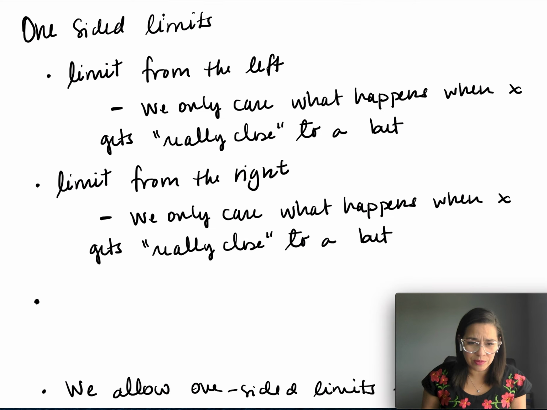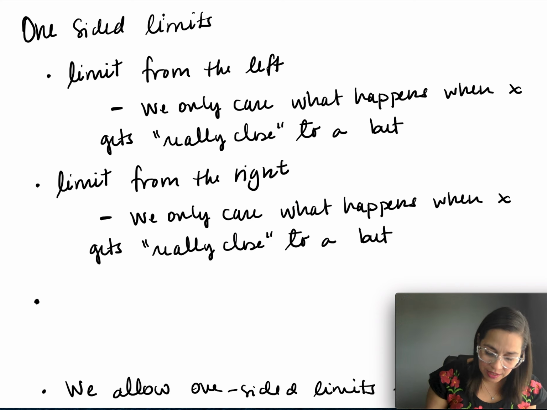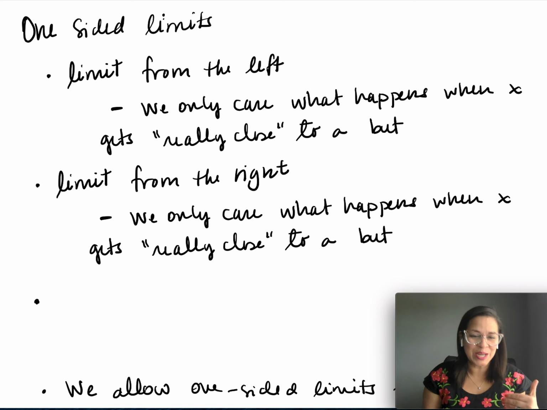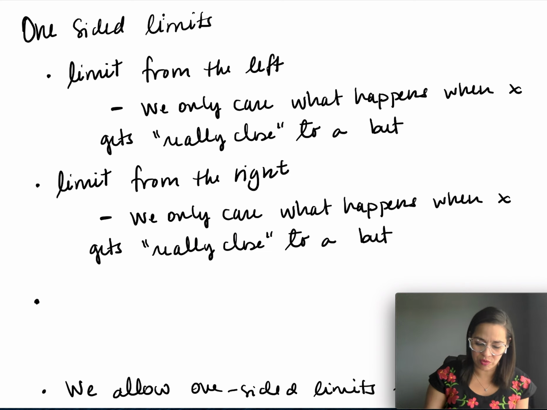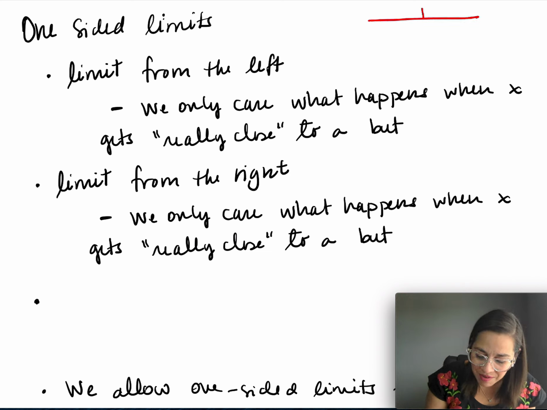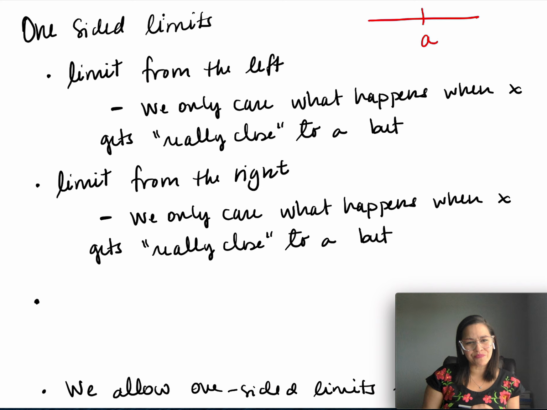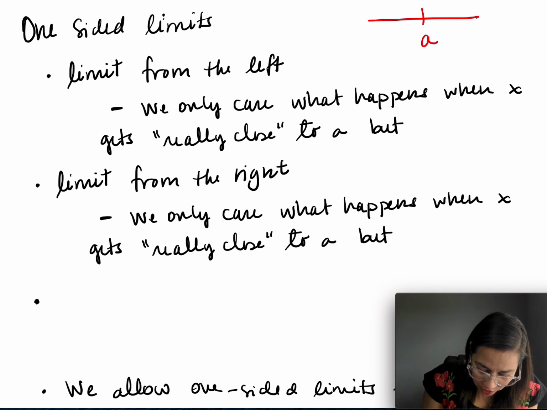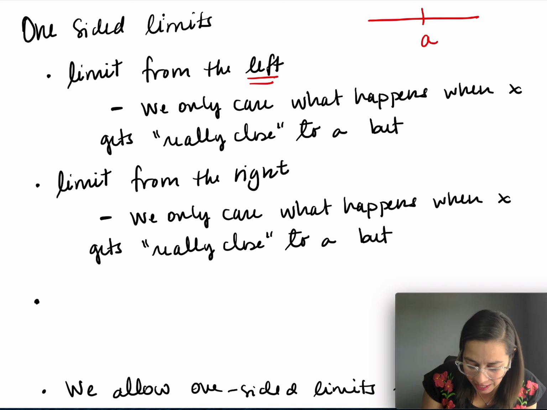So now I want to talk about one-sided limits. By one-sided limits, I mean literally that I'm taking the limit either from the left or the right. So imagine that we have a here. If I take the limit from the left, I am approaching a from the left.